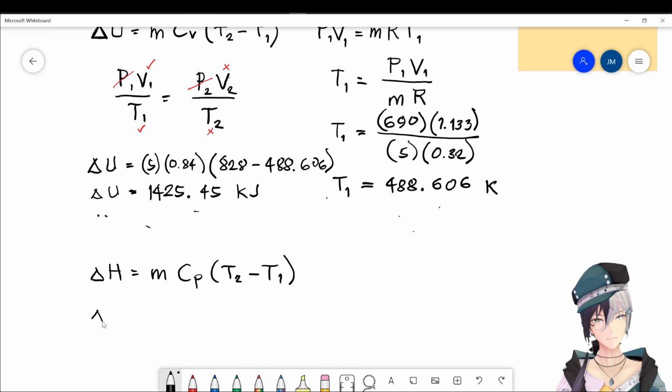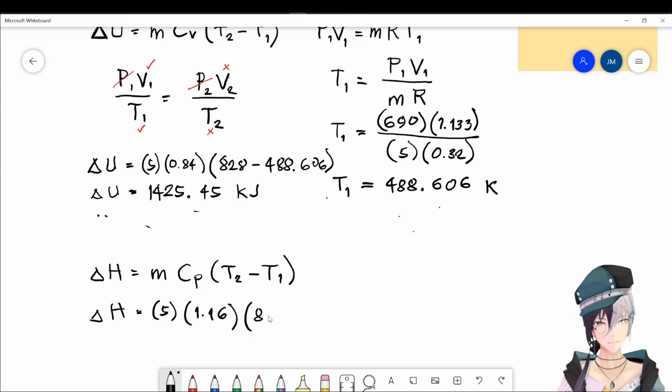For delta H, this is 5, and then this is 1.16, which is a derived answer.